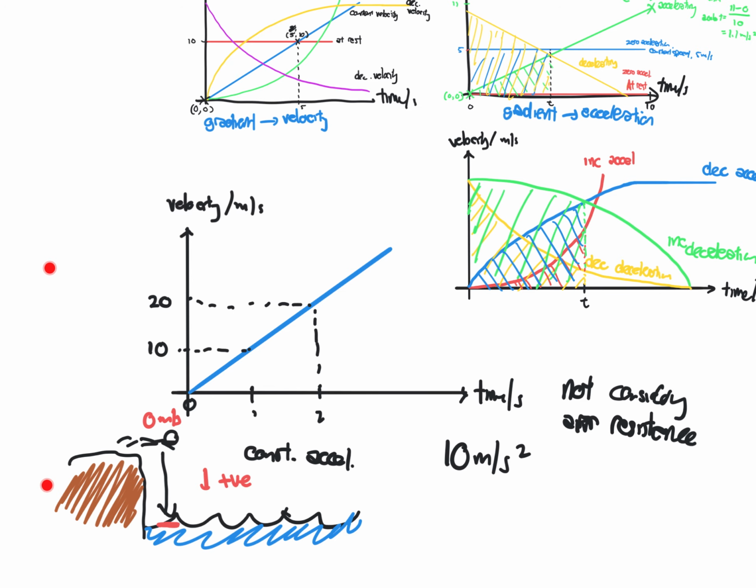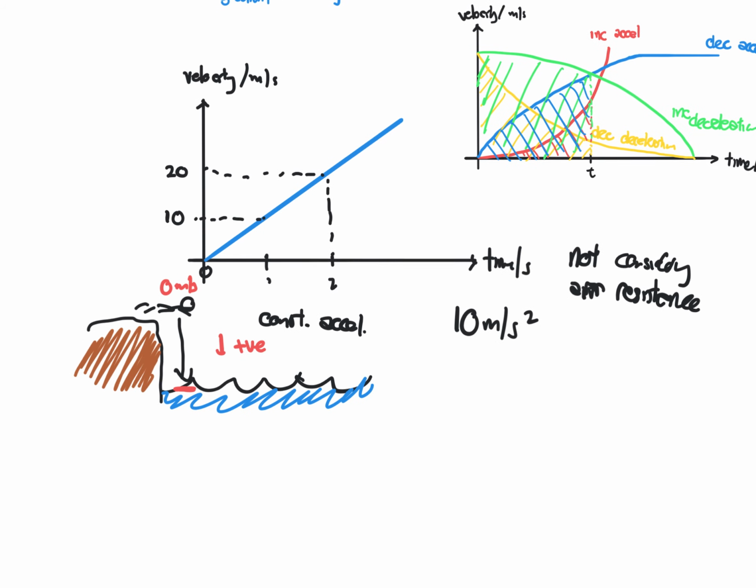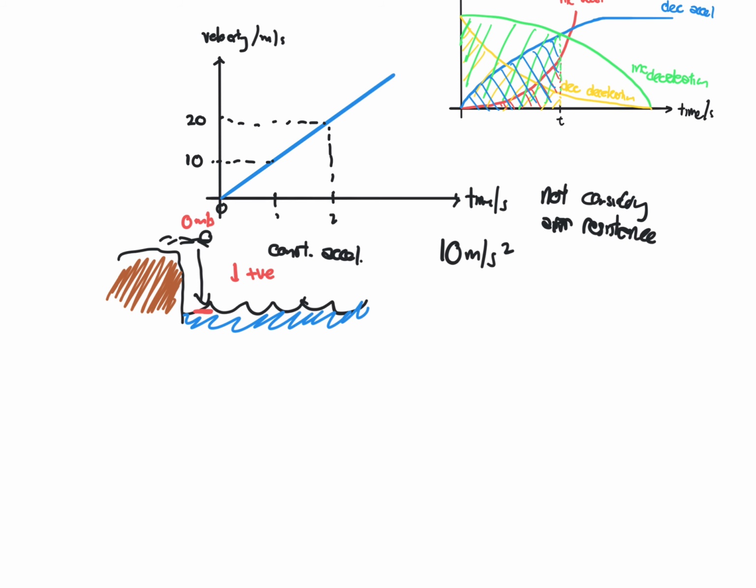Ooh, maybe we can do one more question. Let's compare between Earth and the moon. Clearly you know that on the moon, gravitational field strength is way less than what we have on Earth, right? So here's a question. If I were to look at a velocity time graph of something dropping on Earth as compared to the moon, which would it look like?